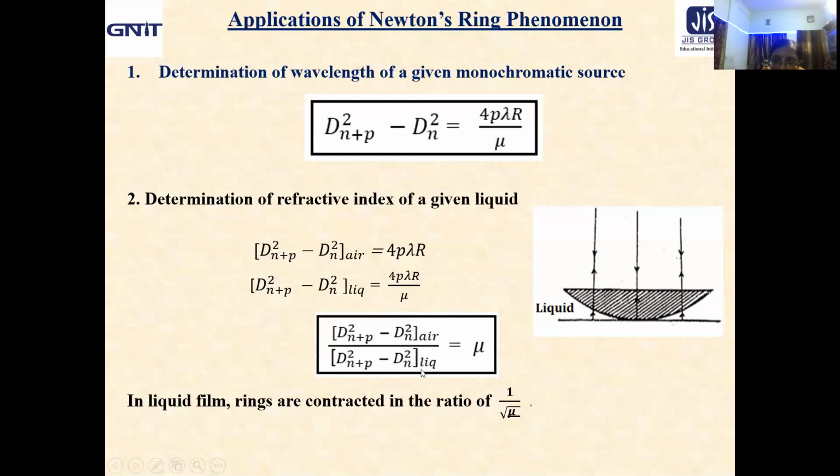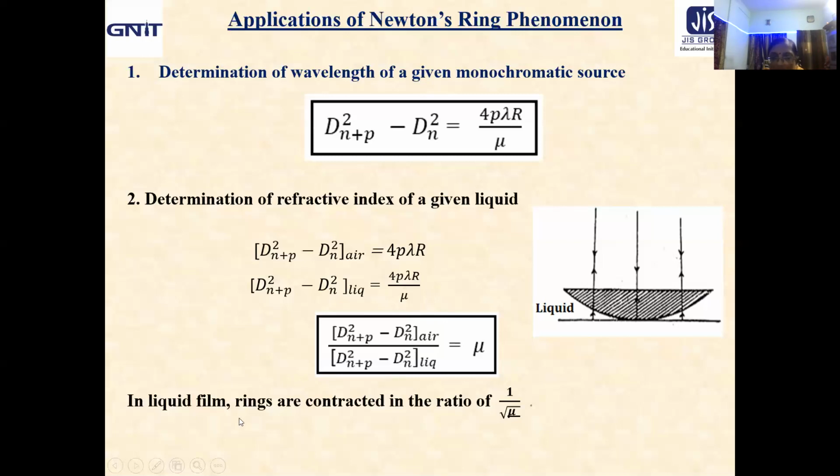Now, the last question which remains: whether the ring system will remain exactly the same in air film as well as in liquid film. Definitely, the ring pattern will come out roughly the same, but there are a few important changes you will expect. Rings are found to be contracted in the liquid film in the ratio of 1 by square root of mu, because if you take a look, diameter square is inversely proportional to mu.